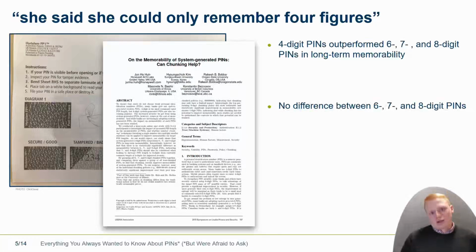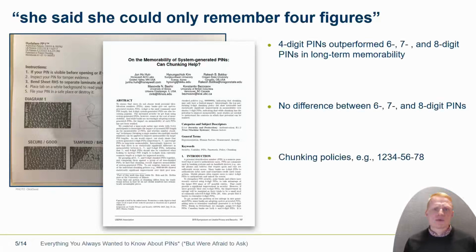The subtitle, however, Can Chunking Help?, also says that Woo et al. looked at alternatives or ways that pins can be made more memorable. And what they looked at is chunking. And what is meant with chunking? Well, chunking an 8-digit pin, for example, into the first 4 digits, looking at them separately, and then 2 pairs of 2 each.